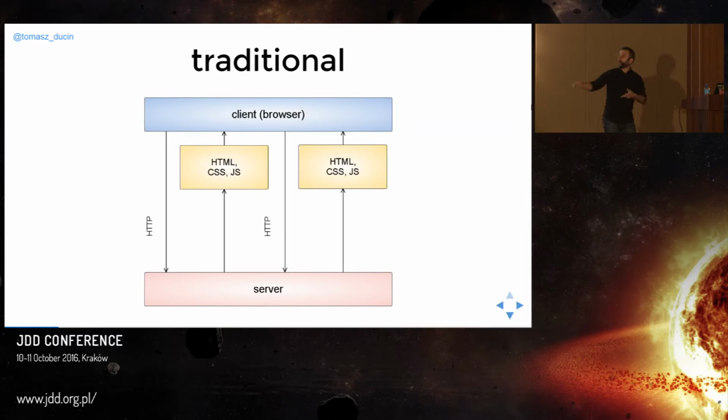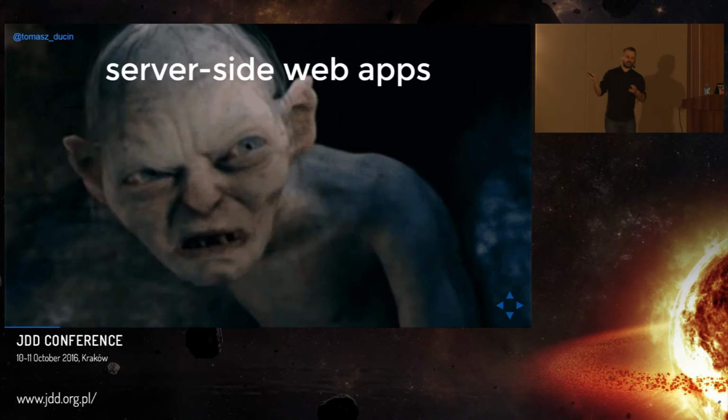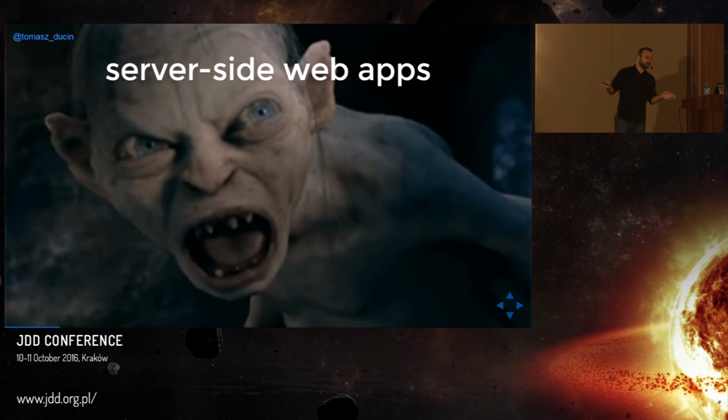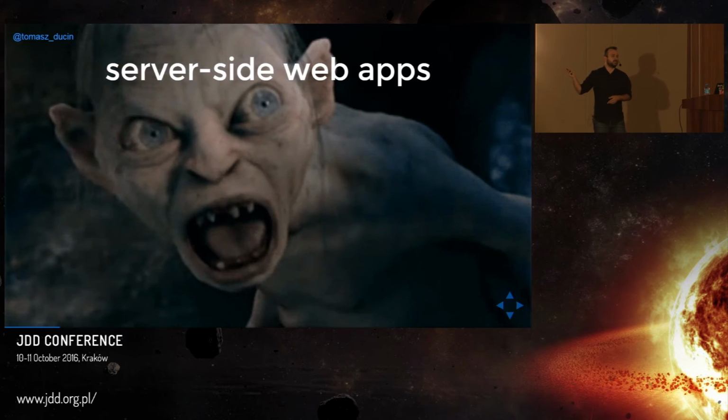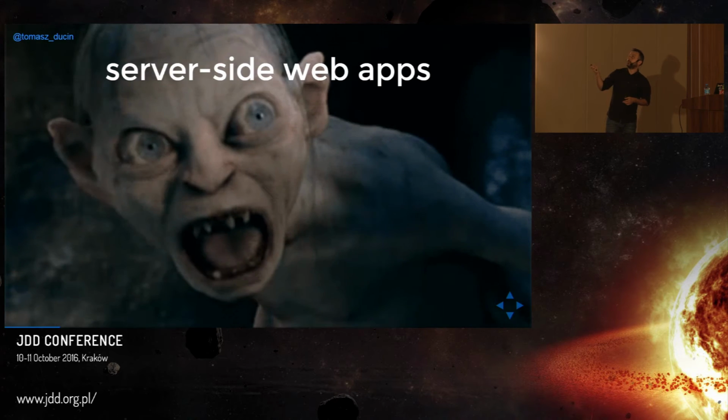So basically, if we could push it into the browser, then the browser will process the templating, right? So basically, the server will have less things to do, and this means less servers needed, less electricity costs, and so on. So for these reasons, this traditional approach is something that we basically don't want to work with anymore, right? Neither backend nor frontend people want to do traditional web pages.